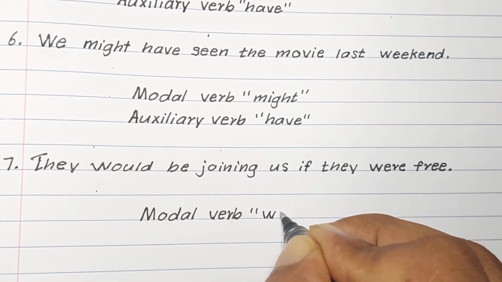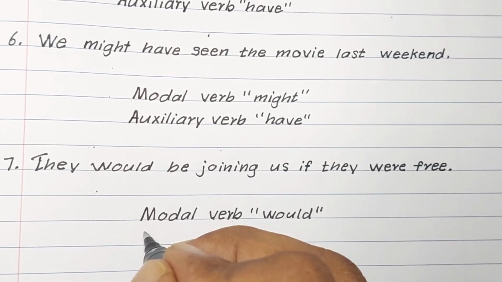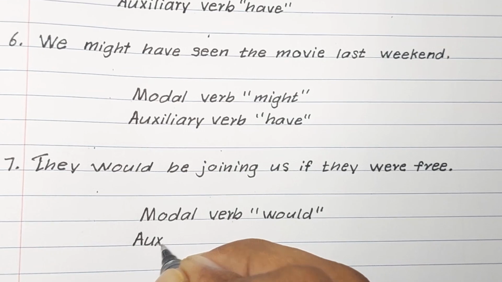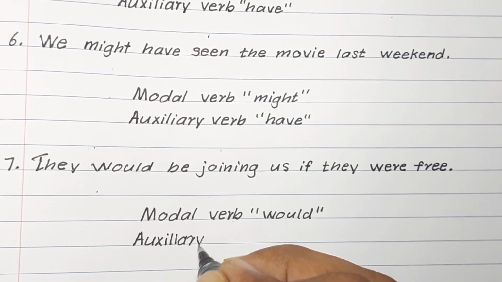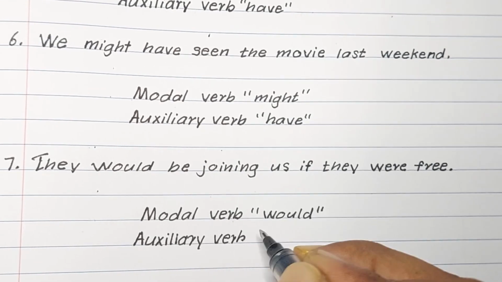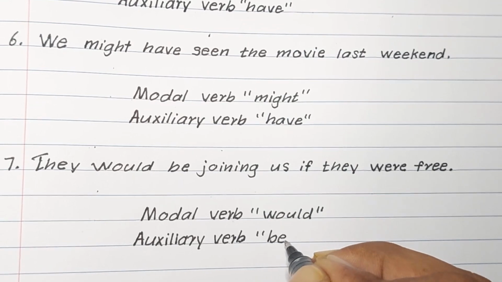They would be joining us if they were free. The modal verb would implies a hypothetical situation, and the auxiliary verb be helps form the continuous tense.